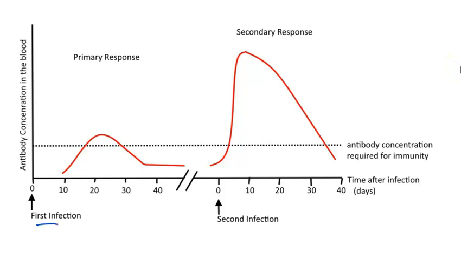When we are first infected with a pathogen, this of course is the primary response. And although we have looked at barriers to infection and clotting and the innate system, we're concerned here largely about the adaptive system and the humoral system and the cytotoxic system.